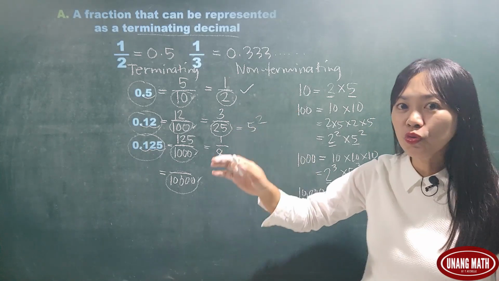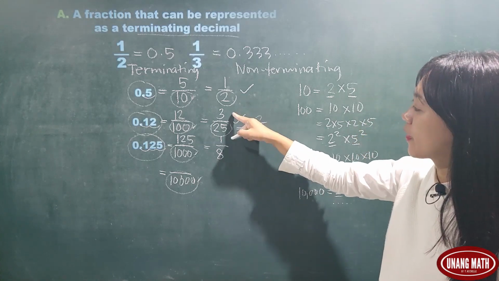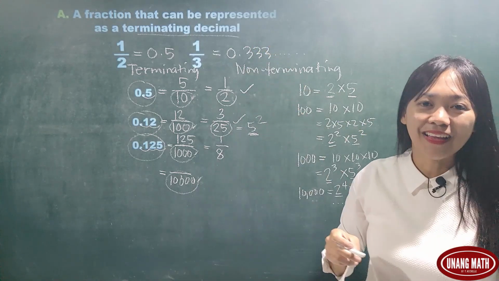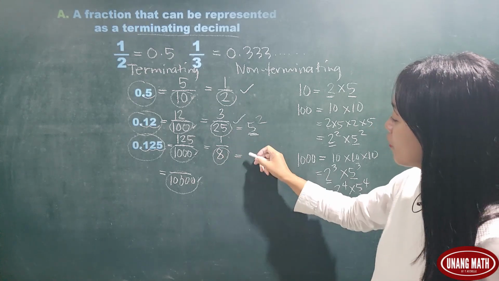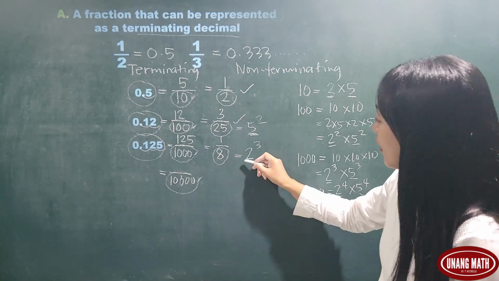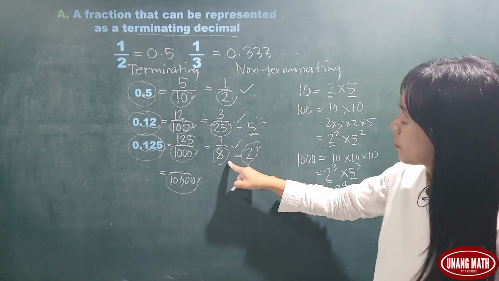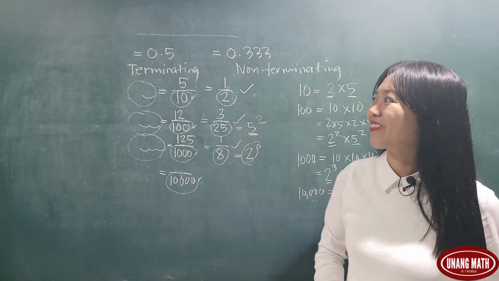Okay, remember 2 or 5 or 2 and 5. This is 5, so we can convert this fraction to a terminating decimal. For 1 over 8, the prime factorization of 8 is 2 raised to the power of 3. Okay, this is 2. So that means we can convert this to a terminating decimal.